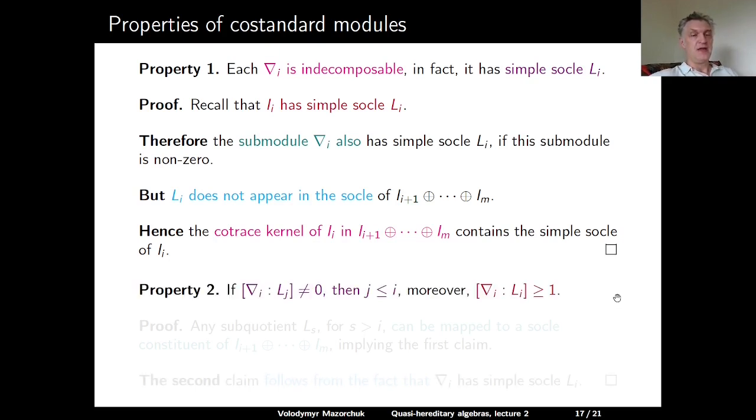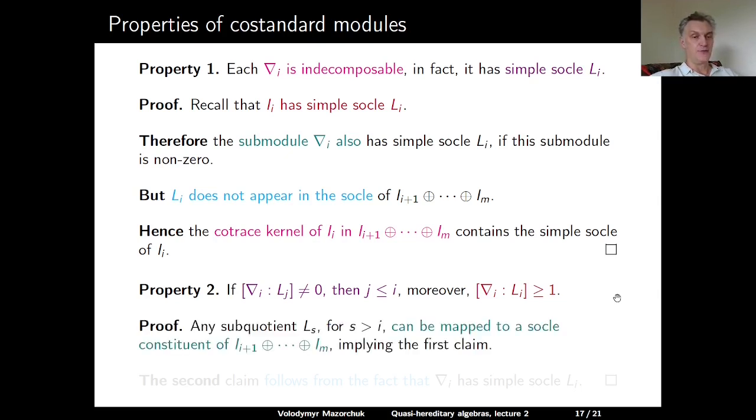Property 2. If Lj appears as a composition subquotient of some nabla i, then j is less than or equal to i, and indeed Li appears as a composition subquotient of nabla i. Proof.